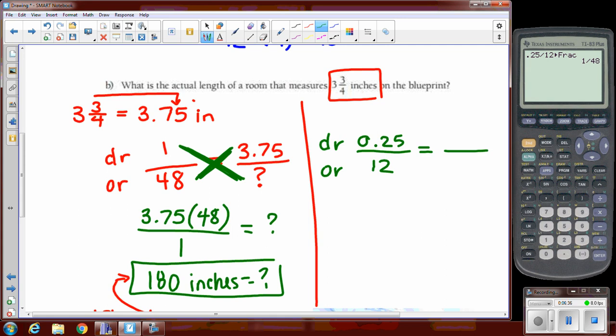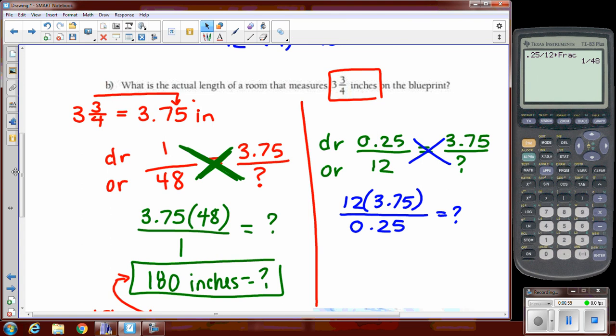If I was to do the same thing here and say, okay, so now there's 3.75 on the drawing, what is this room going to be? If I was to use this because I couldn't convert to that 1 to 48, I still did this and said 12 times 3.75 and then divide by that 1/4. I'll show you on the calculator.